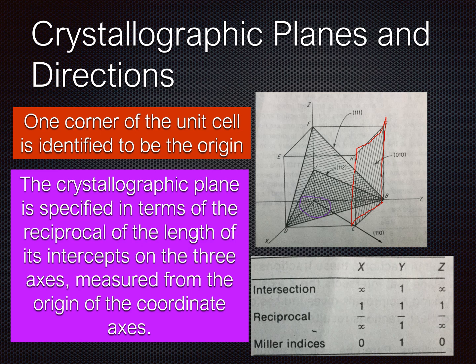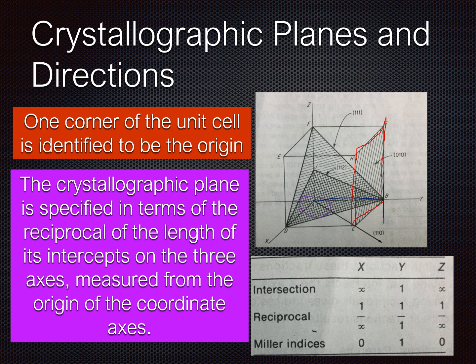It intersects the y-axis at 1 unit, measured from the origin A, and is parallel to the x-axis.